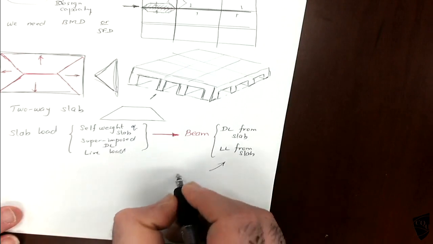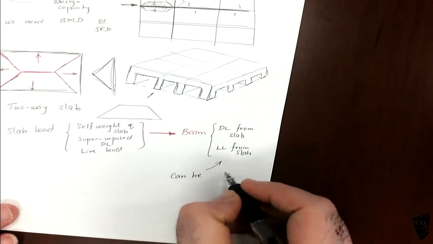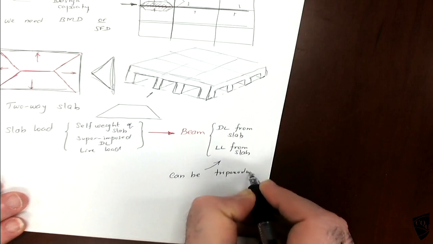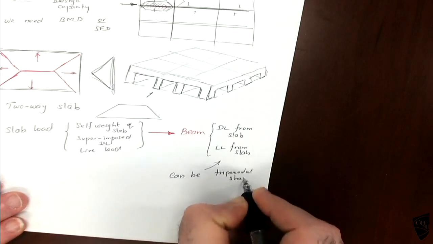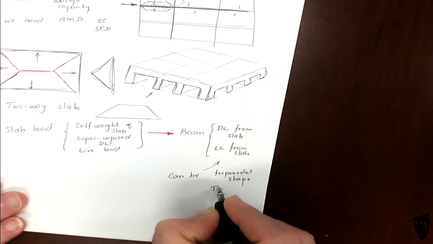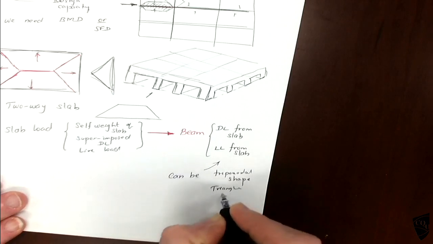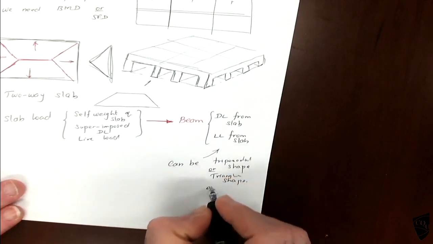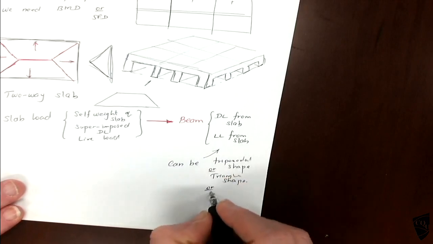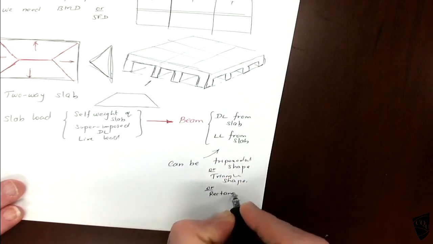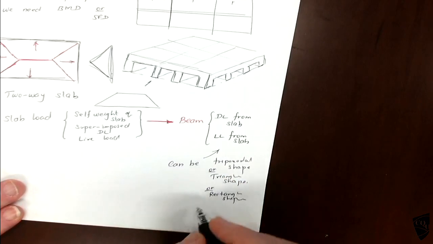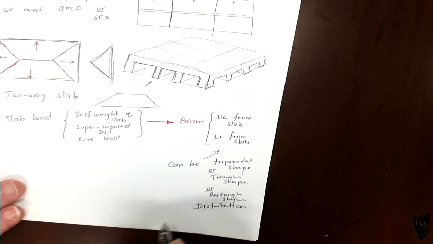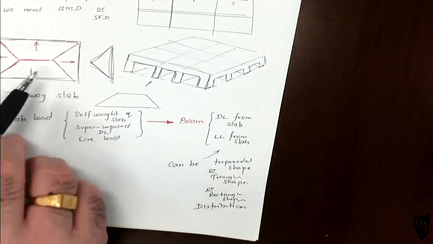This one can be trapezoidal shape or triangle shape or uniform one, rectangle distribution. So we can have either trapezoidal, something like this.